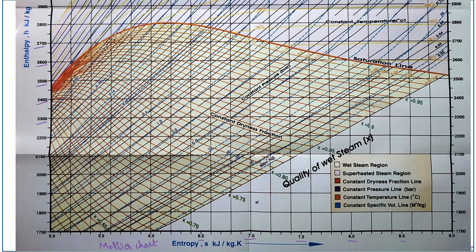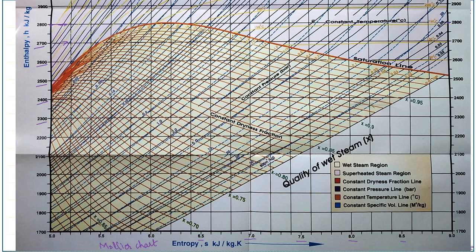x-axis. Now if we see here, all horizontal lines on this Mollier chart are giving constant enthalpy. So if we select this 2800 line, from left hand to the right hand, this line represents constant enthalpy up to this.